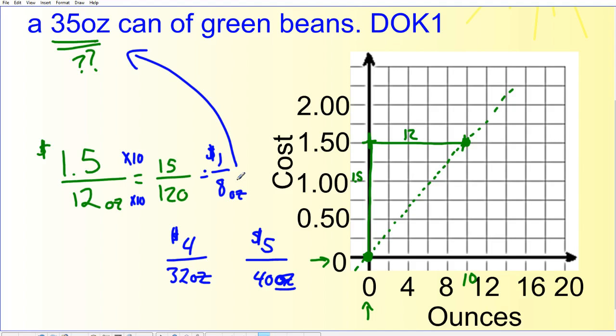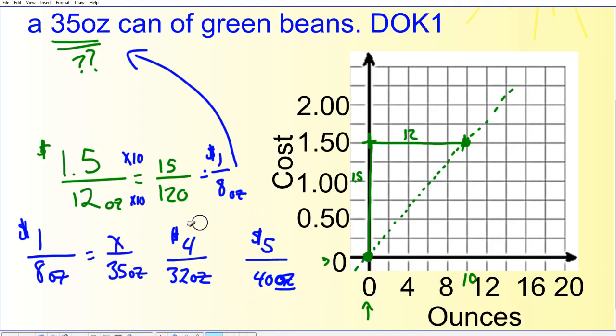Now, that's kind of not great yet. But what we can do is we could actually use something that we used in a previous unit. And you folks have used a lot last year in 7th grade. So we found slope. Slope helped us get an idea. We're going to use a proportion. Check this out. I know that $1 buys 8 ounces. The question is asking us, well, how much would it cost for 35 ounces of green beans?